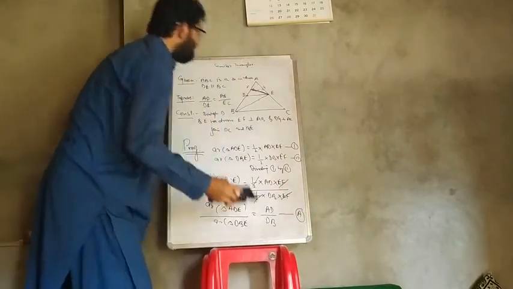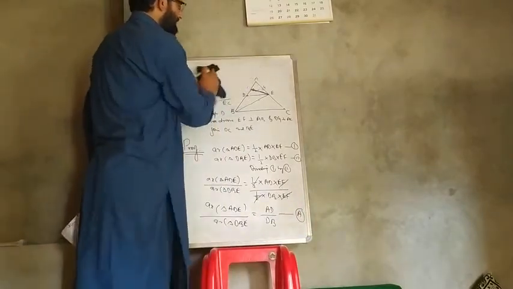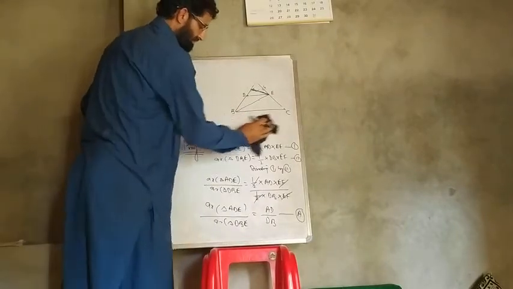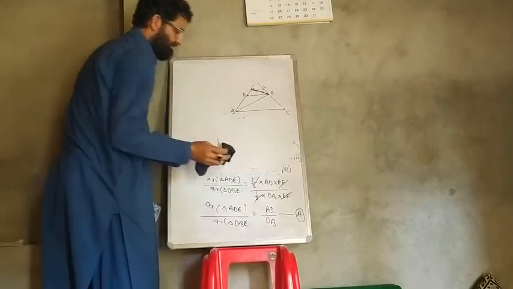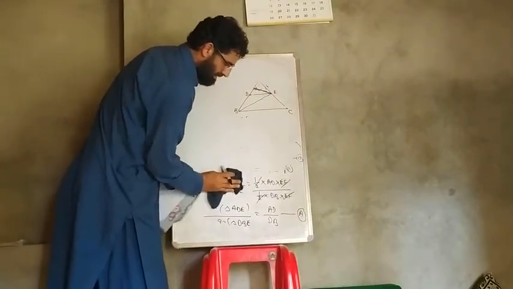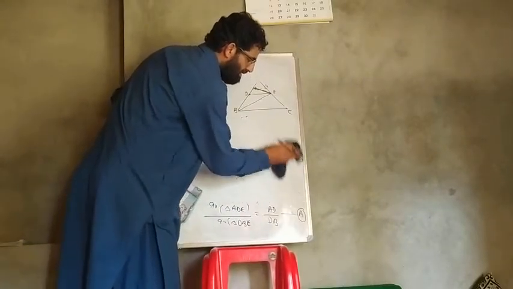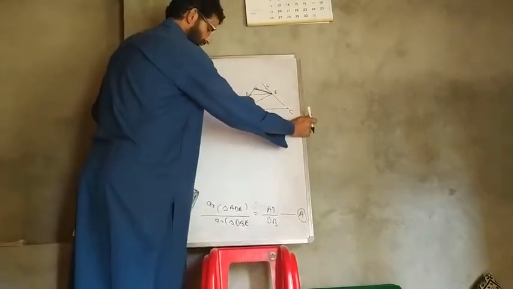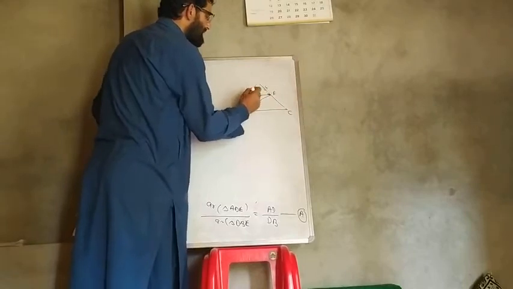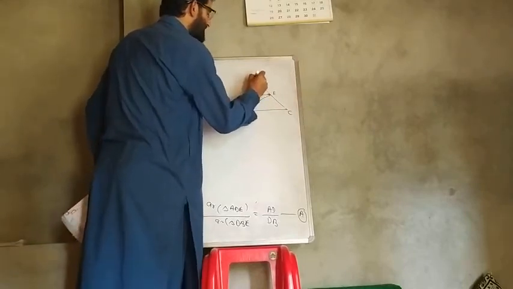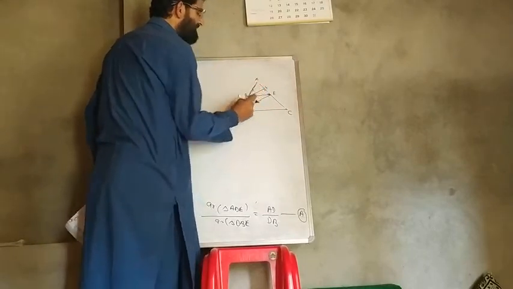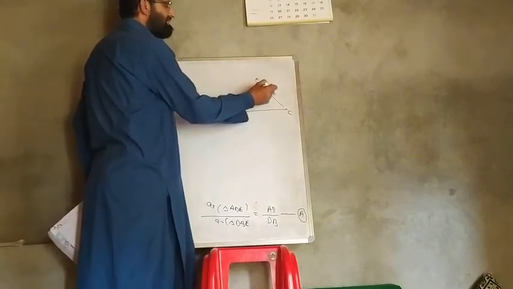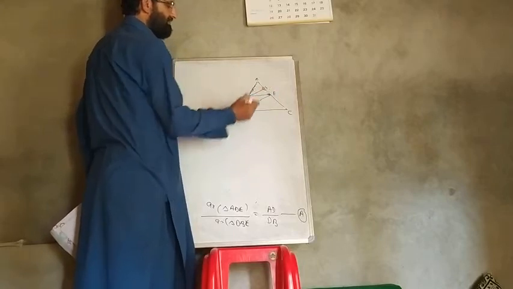Now again we take this triangle ADE, but this time we shall consider the perpendicular as DG. And what is its base this time? It is AE.